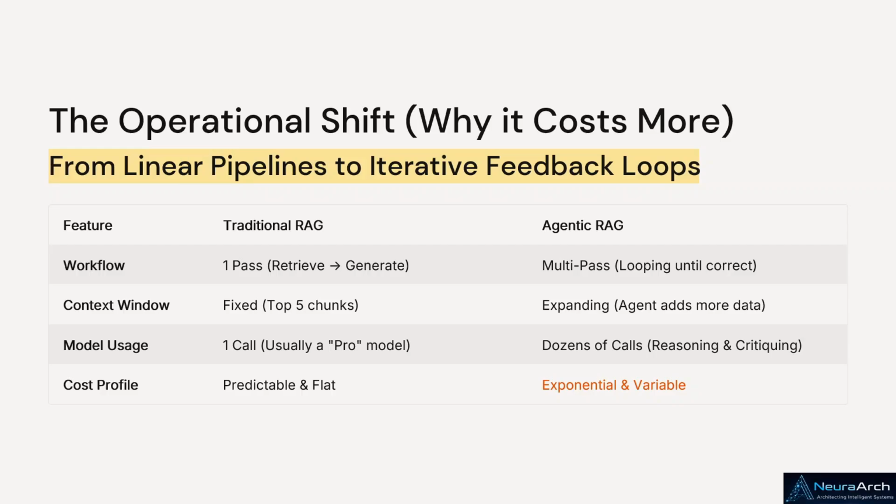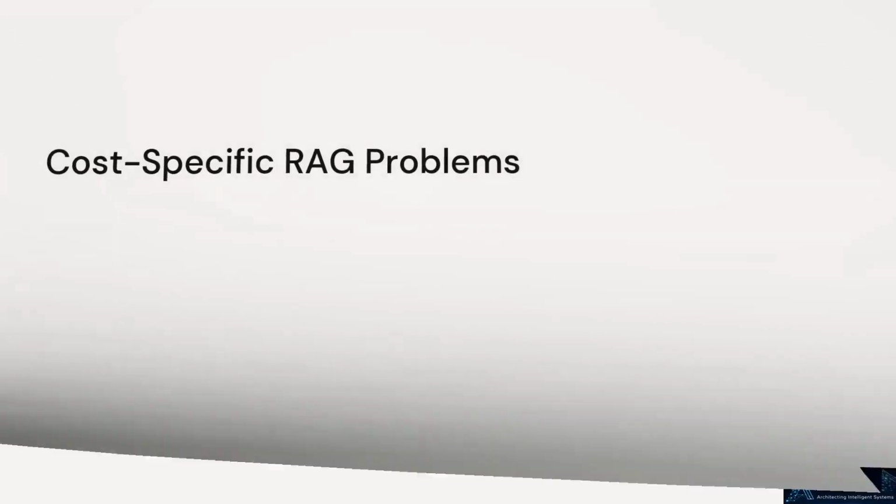And that is why the cost of traditional RAG is predictable and flat, whereas the cost of agentic RAG is exponential and variable, because you don't have control. You need accuracy, but you don't have control on the costs as such because the process is not in your hand. It's the LLM who is doing everything for you, right?